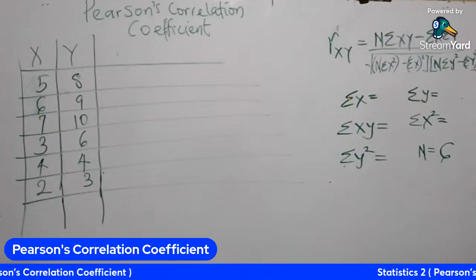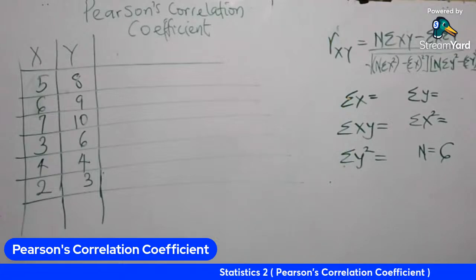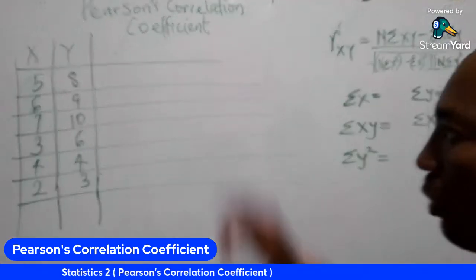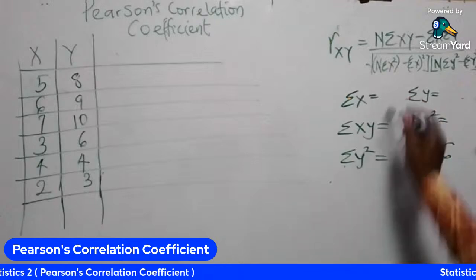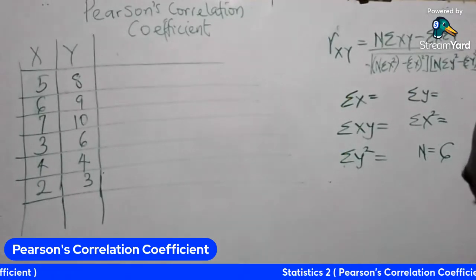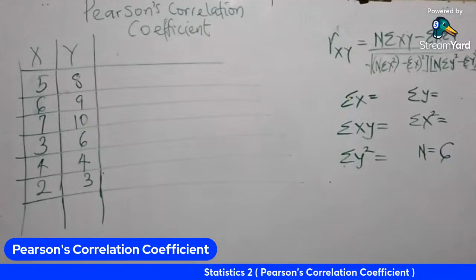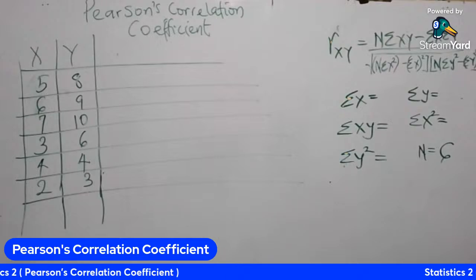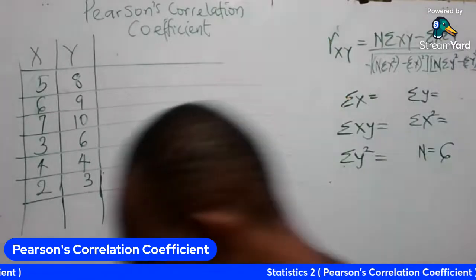For those that are joining me, you can work that along with me. I want to make sure my camera is visible so that you can see everything. Without blocking you, we want to look for the summation x, that is the addition of everything here. So that will be 5 plus 6 plus 7 plus 3 plus 4 plus 2, and that will give us 27.